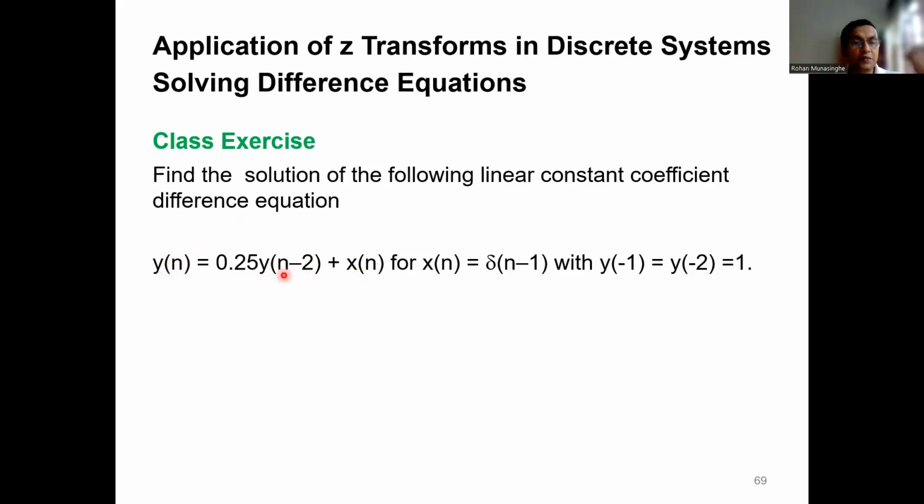Y is the response, basically. X is the input to the system. Both these two sequences are connected like that. A very simple difference equation.